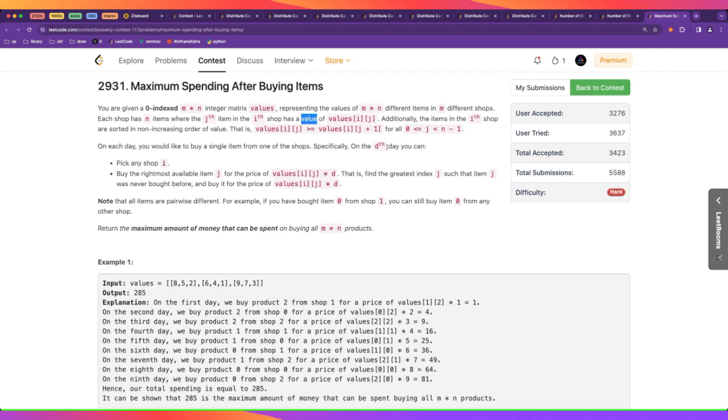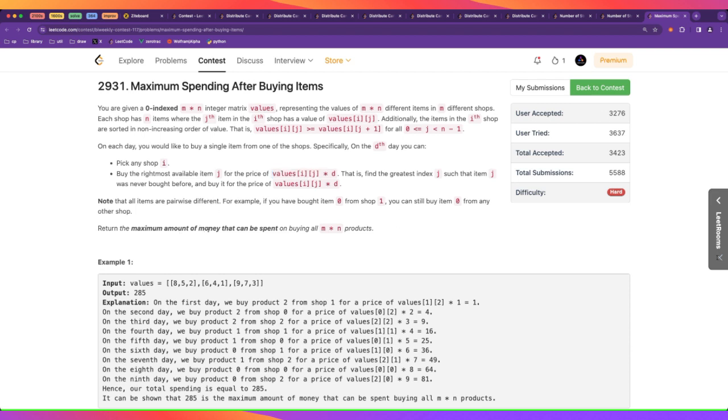So on the dth day you pick a shop and you buy the smallest value that you haven't bought yet, and the price that you buy it for is the product between the day number and the value of that item.